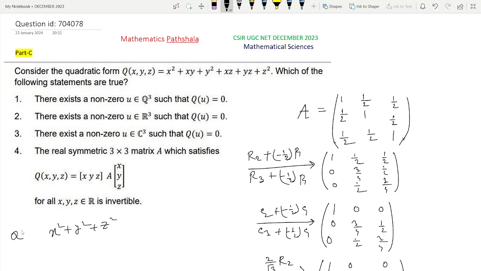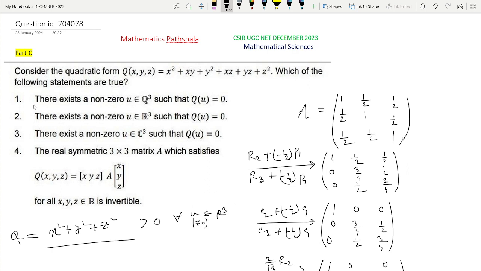So that Q, if we write it Q1, so Q is congruent to Q1(x,y,z), which is this. So clearly this is positive definite from this form. So it is greater than 0 for all such u belongs to R3, not equal to 0.